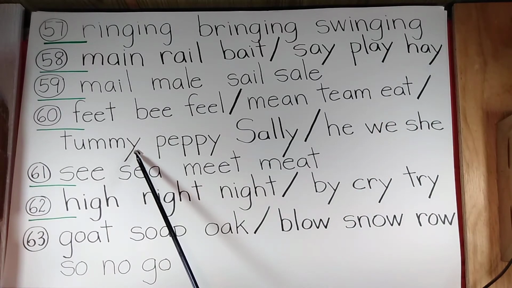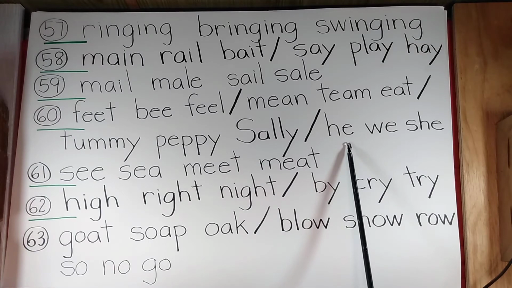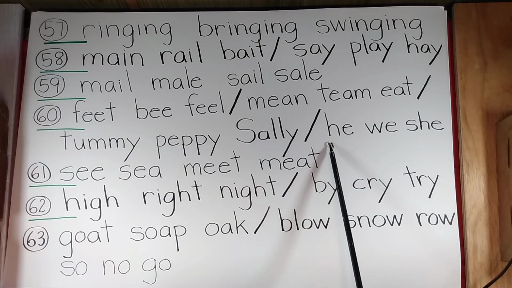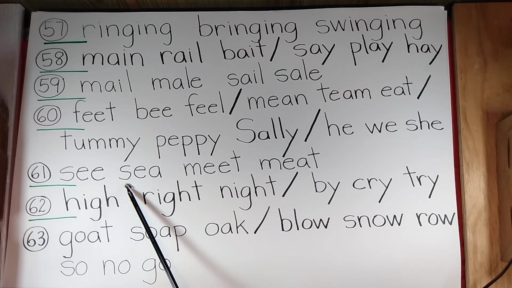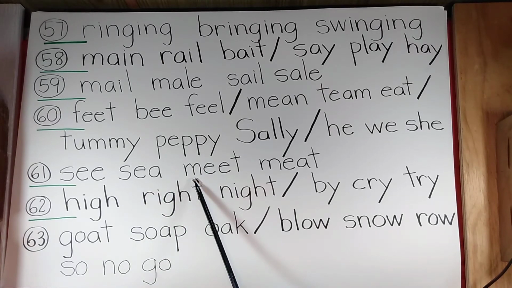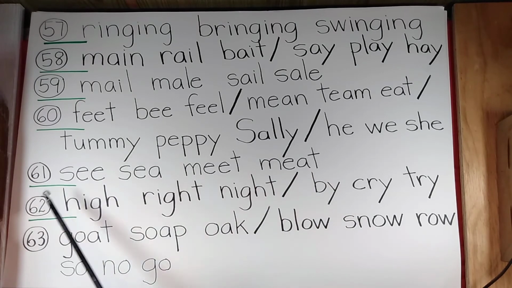A Y at the end of a longer word makes the long E sound, like in tummy or Sally. And E at the end of a very short word makes the long E sound as well. He, we, she. 61. See, meet. 62.